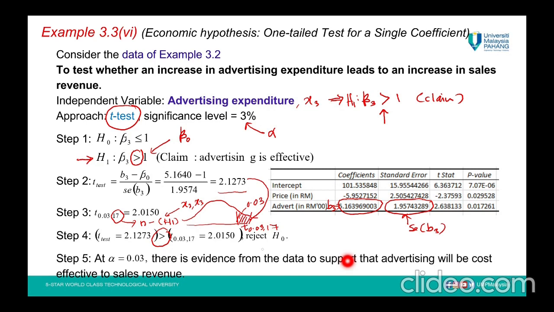And the last step is step 5. Since we reject H0, it means that we accept the claim. So we can conclude now that at alpha equal to 0.03, there is evidence from the data to support that advertising will be cost effective to sales revenue, or advertising is effective.